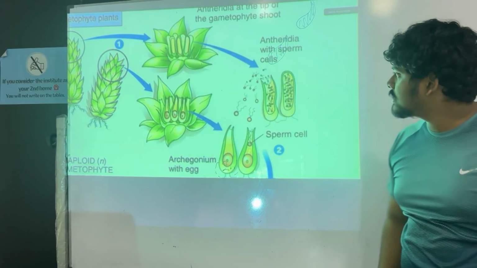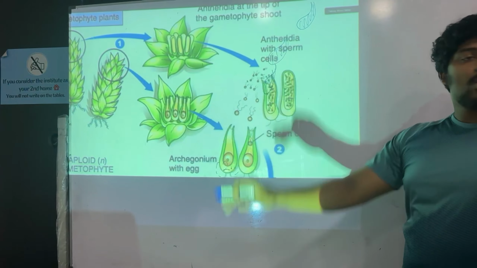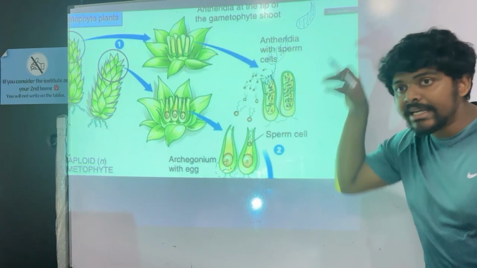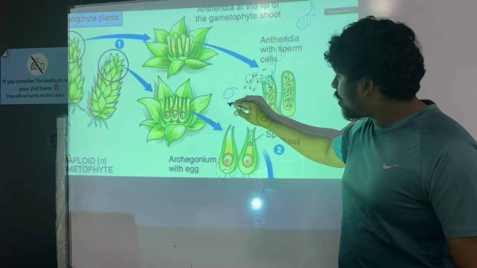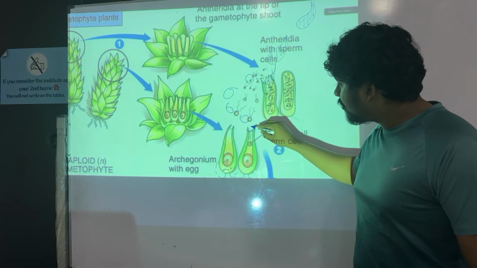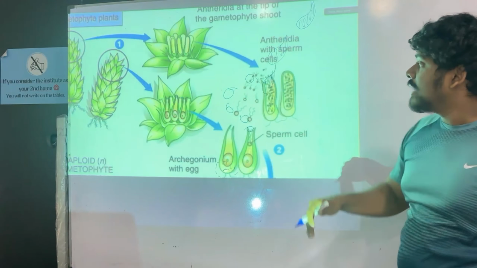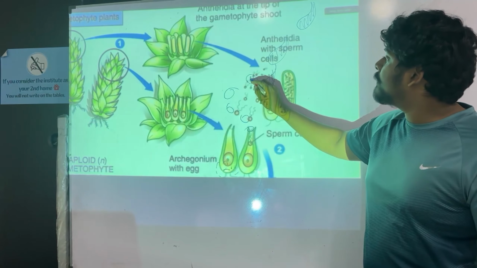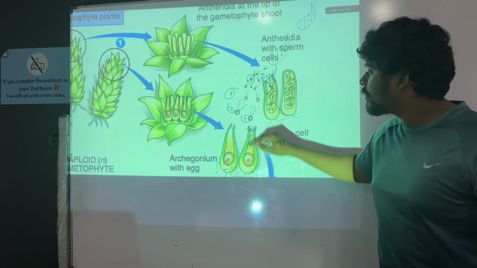What happens is these water droplets hit on this antheridium. As it hits on this antheridium, it will bounce off. This water droplet will bounce off that antheridium. As it hits and bounces off, it carries some sperm along with it in that water droplet.